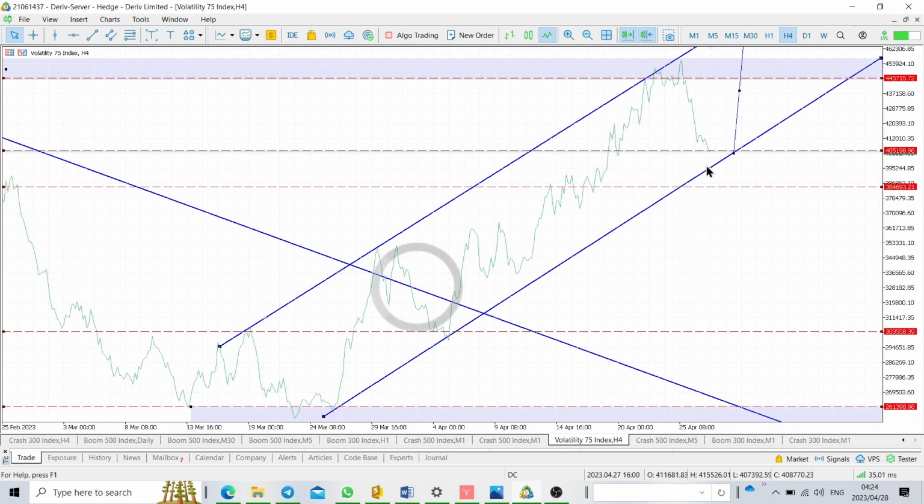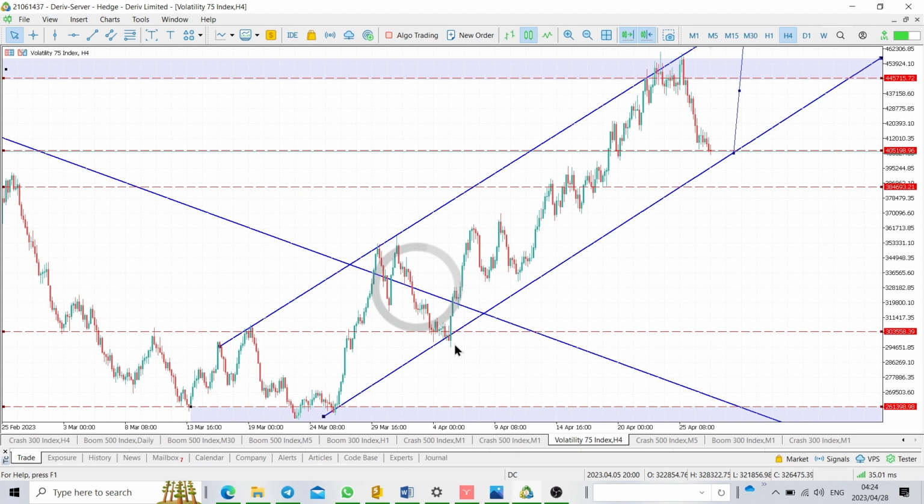Then when it reaches this lower trend line, we are going to wait probably for an engulfing candle. Like here we had an engulfing candle, which was indicating that the price was now about to move. So you wait for a pattern here, which will indicate that the price is about to move up.